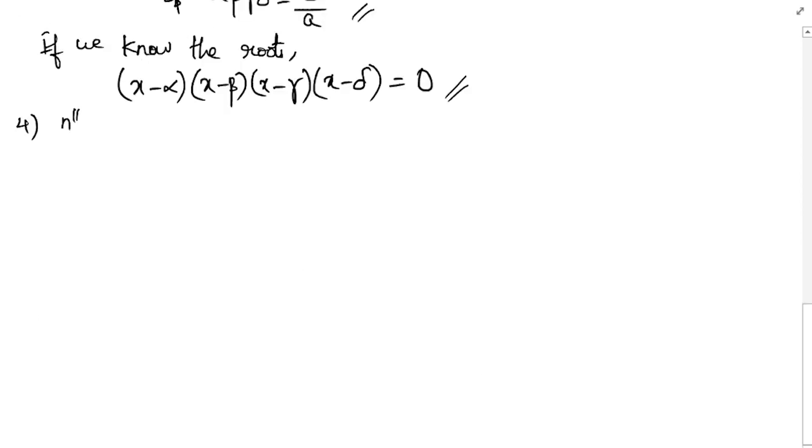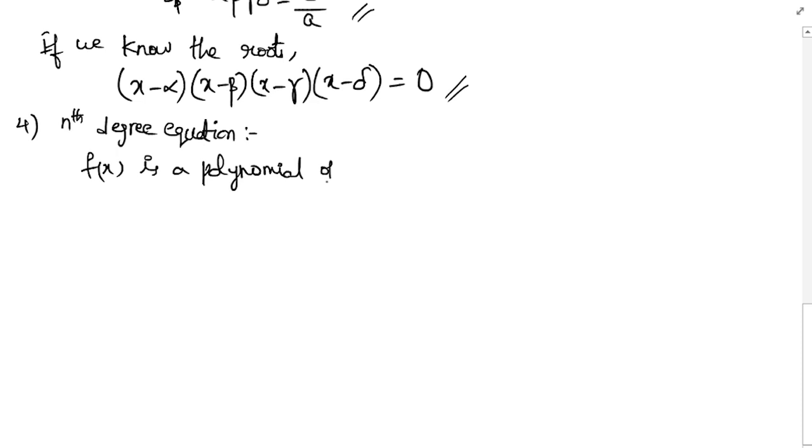Okay. Now we'll move on to the nth degree equation. Suppose f of x is a polynomial of degree n, where n is greater than 0.